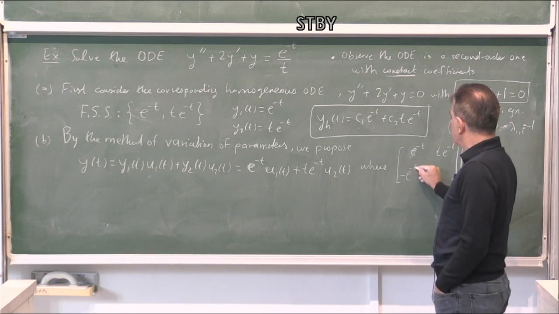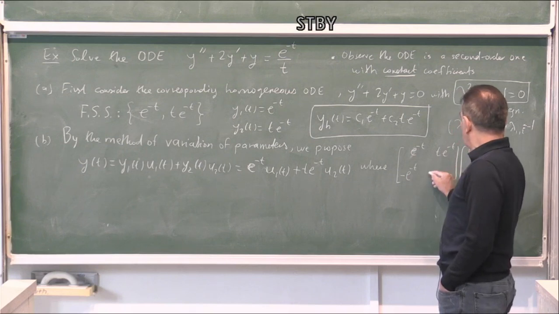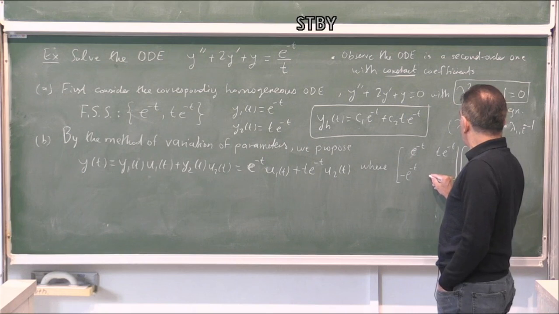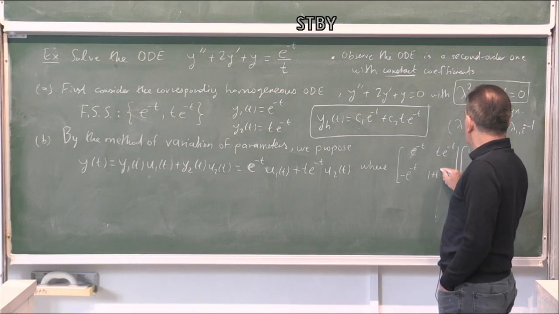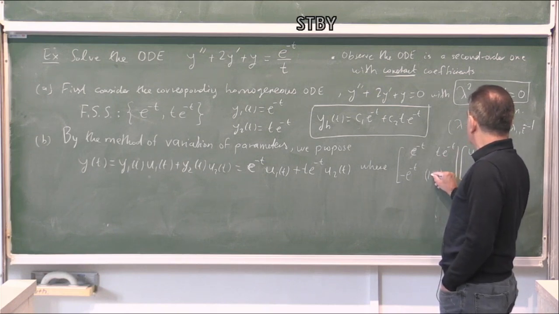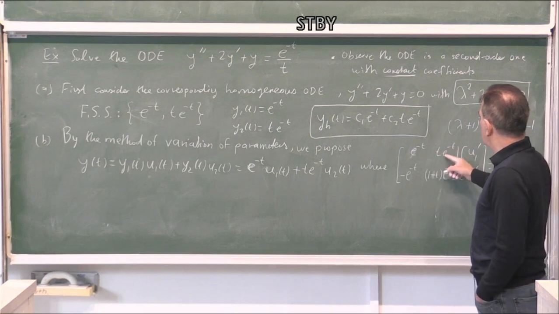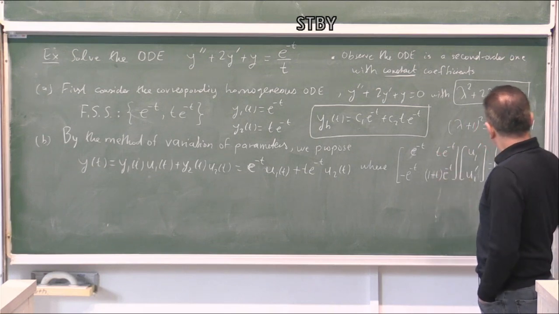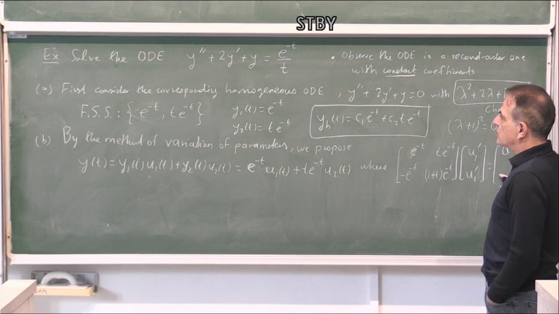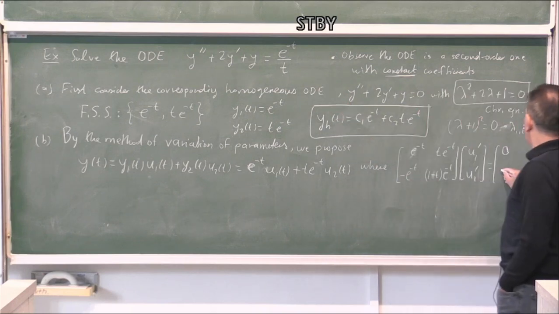Minus e to power minus t is the derivative of y1, and taking the derivative of y2, we have 1 minus t times e to power minus t. Okay, the right-hand side is 0 and e to power minus t over t.